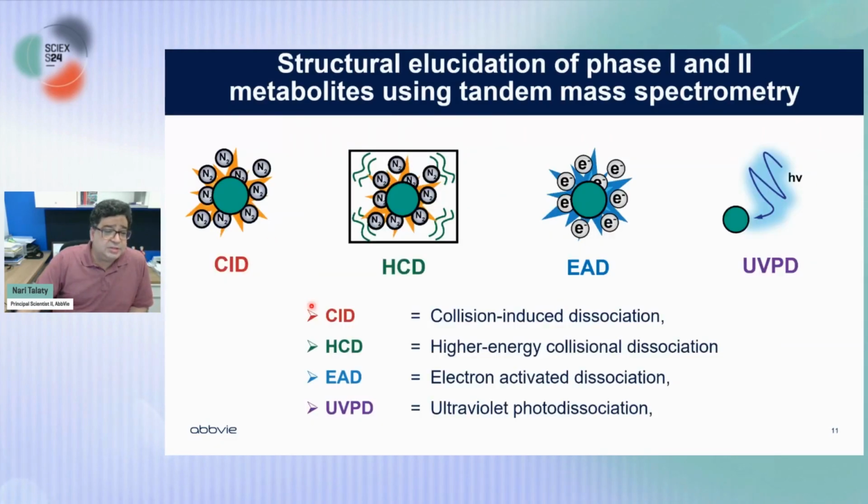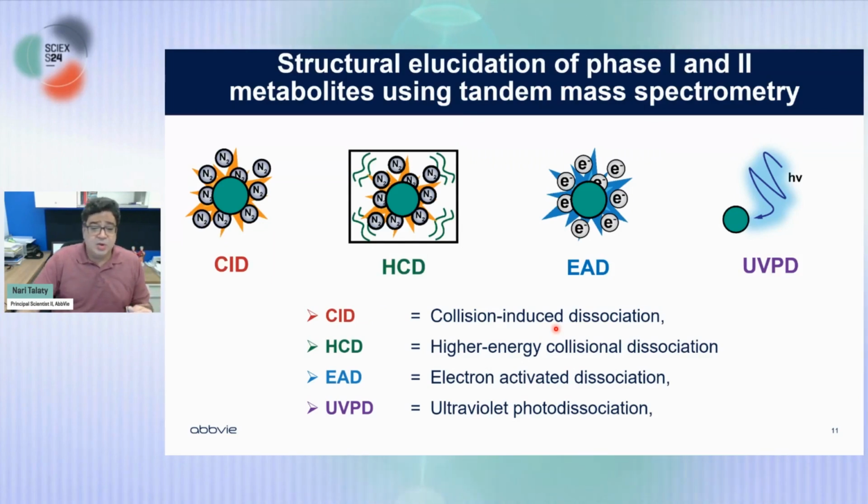So the different techniques are the CID and HCD. You have your CID, which is your collision-induced dissociation, which is your classic MSMS, where you have nitrogen, or some sort of a gas, that would collide with your ion of interest. It then fragments it.